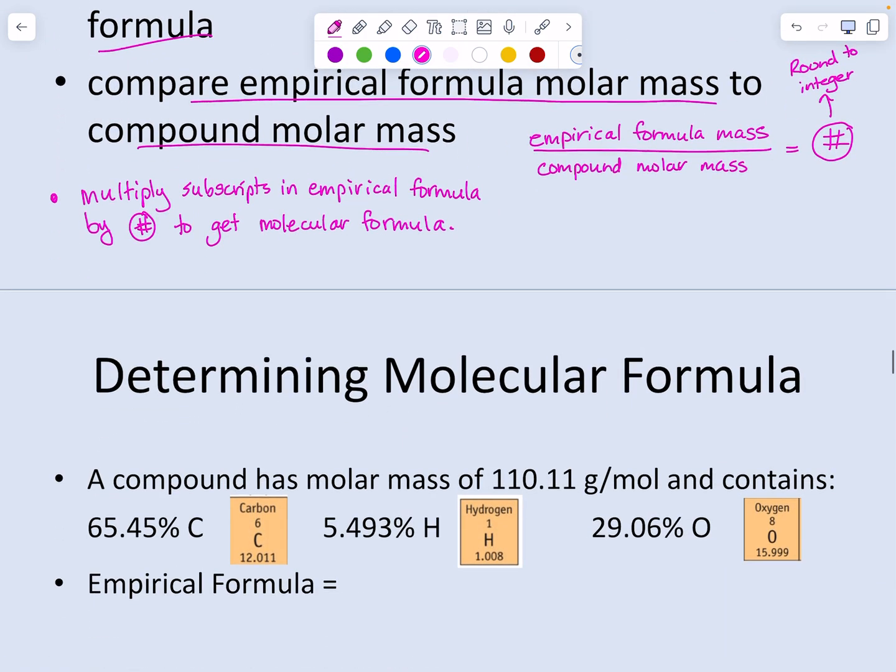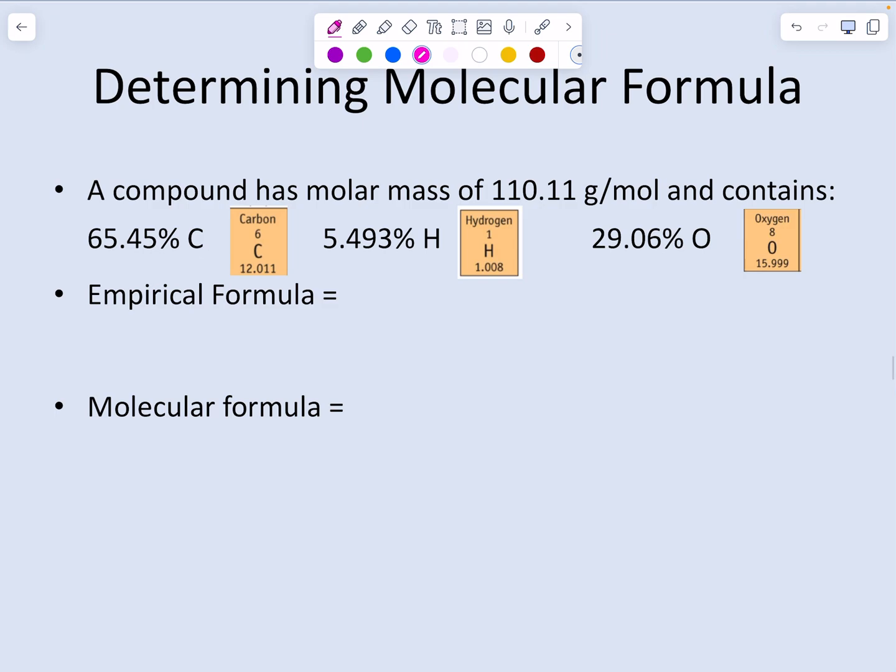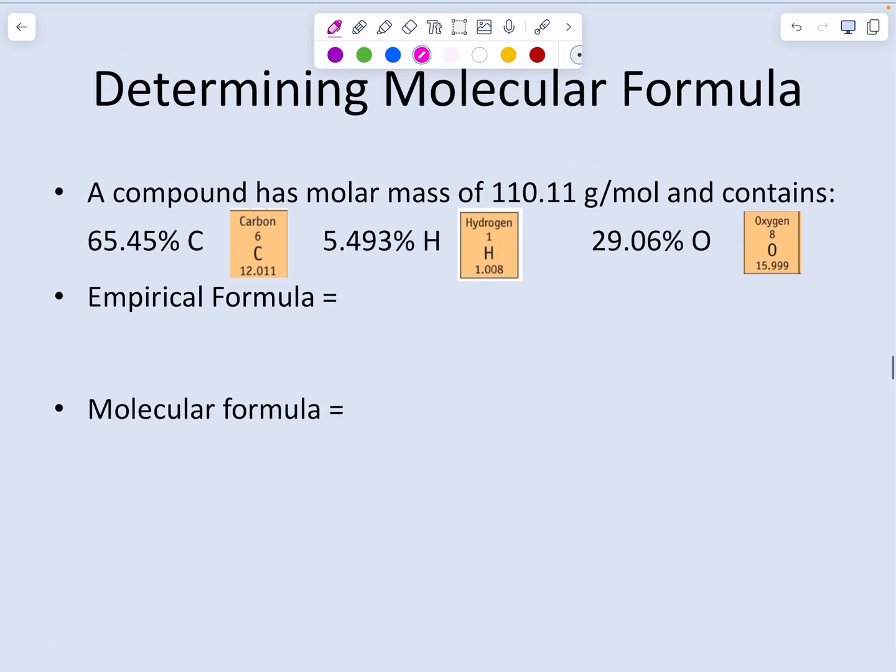All right, so we're going to do an example of this. We're going to determine a molecular formula and an empirical formula for a compound where we have a molar mass of 110.11 grams per mole. So that's the piece of information we're going to use last, okay?